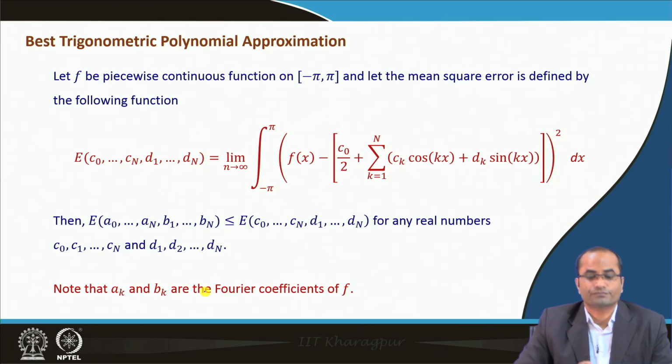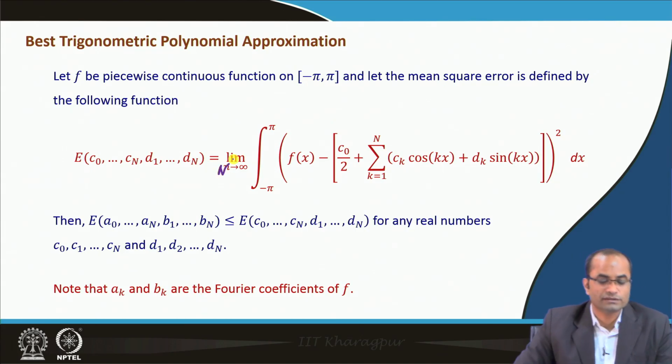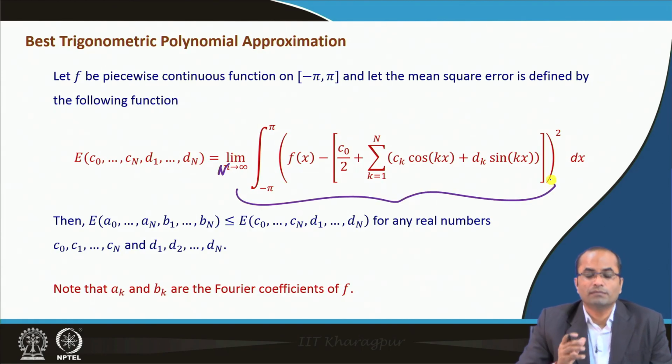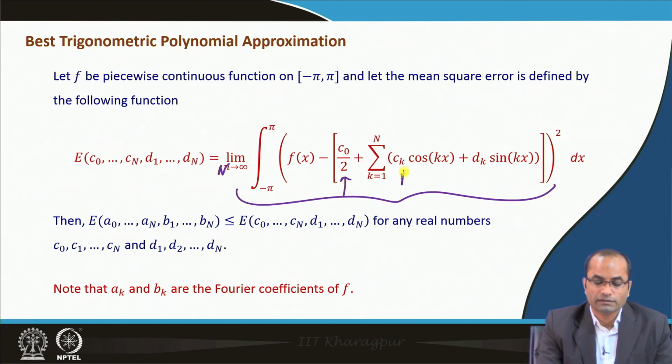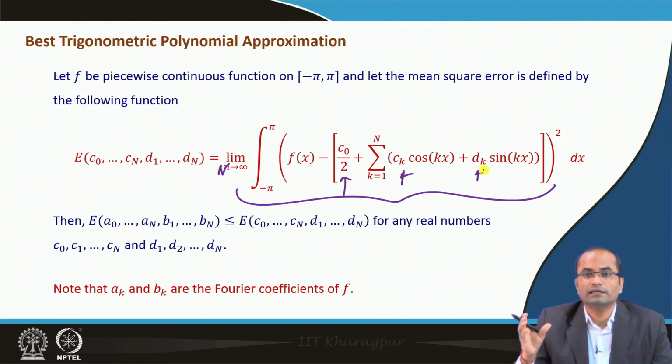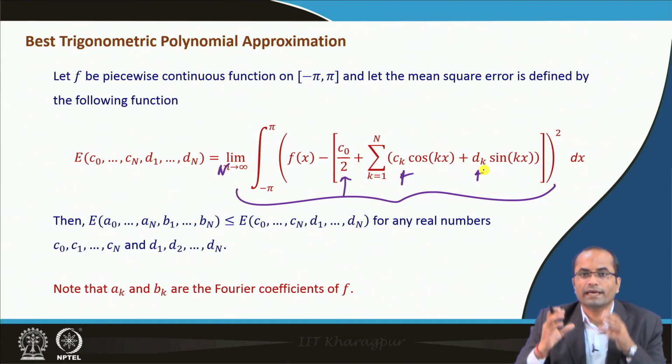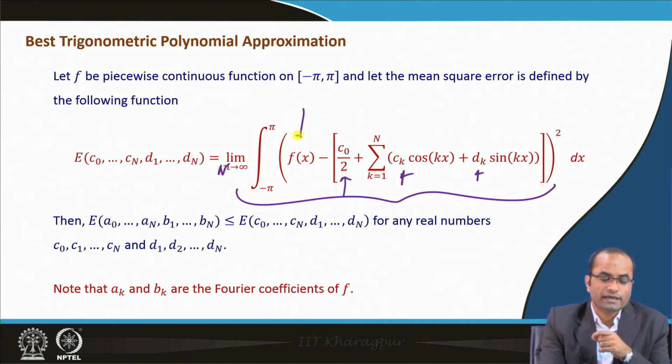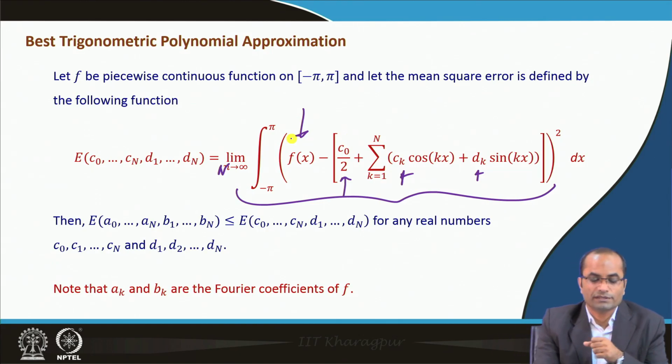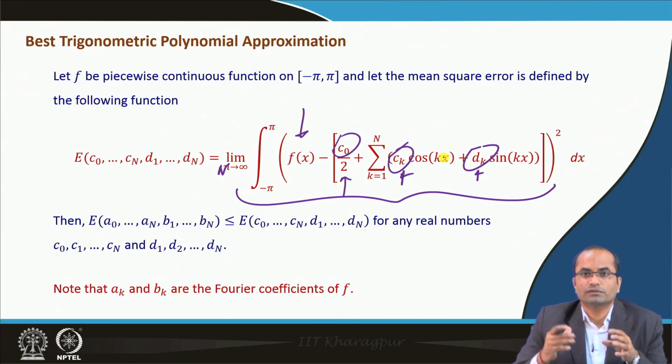So, to summarize, such a mean square error is minimum when c naught, c k and d k are exactly the Fourier coefficients. That polynomial, the truncated Fourier series, will give the best approximation to the function f. We cannot have a better approximation by choosing some other numbers. We have to choose the Fourier coefficients, and only then is this mean square error going to be minimum.